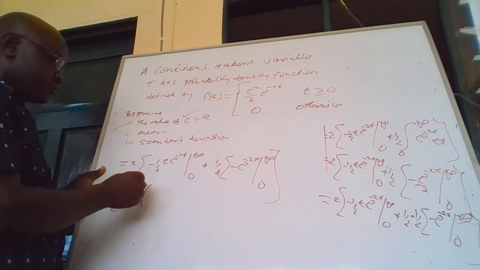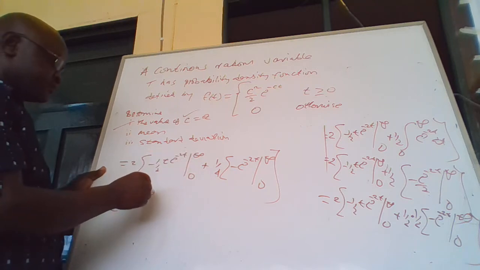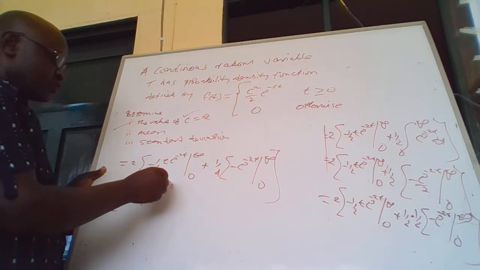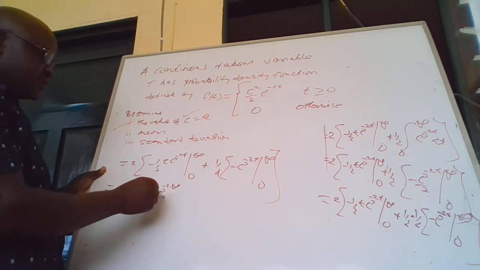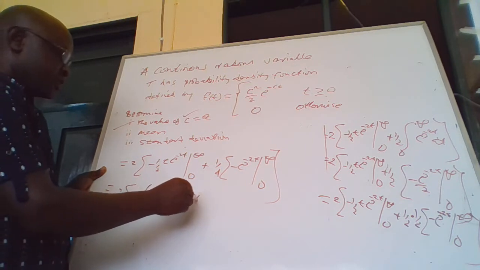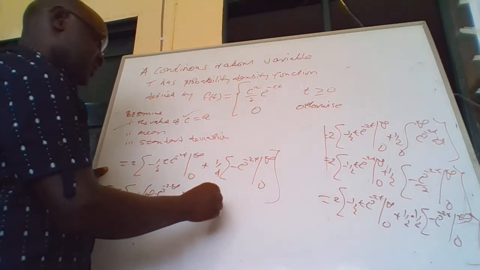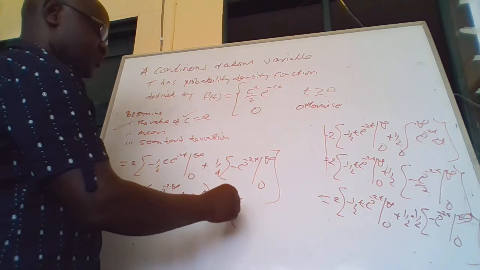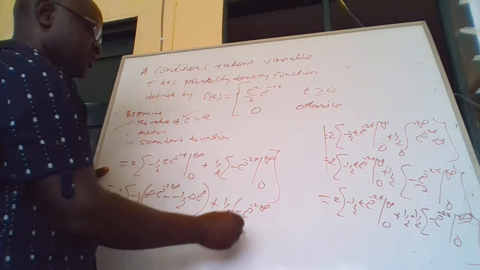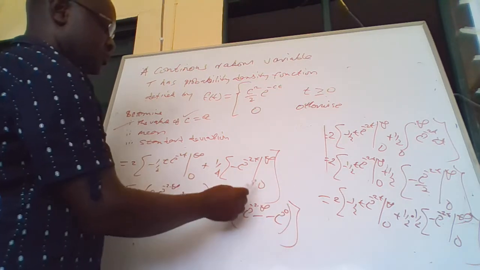Now here we have t exponent infinity times exponent minus 2 dot positive infinity, minus minus a half dot 0 exponent 0, plus 1 over 4 into minus exponent minus 2 dot positive infinity, minus minus exponent 0, like that.